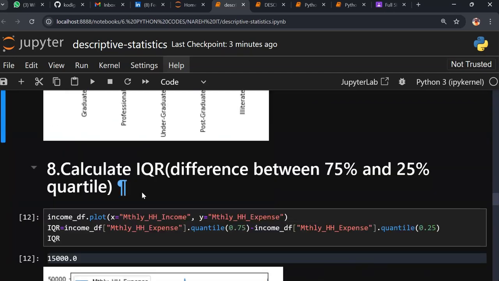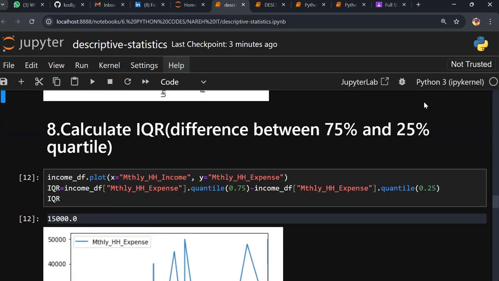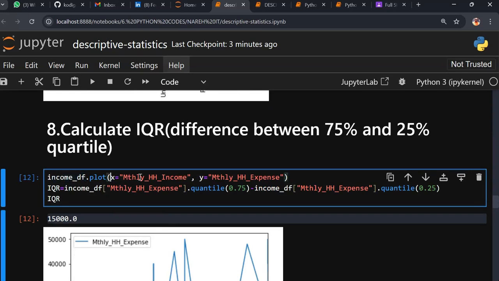IQR. Where do we see IQR? In descriptive statistics, in box plot, interquartile range. How do you compute the interquartile range? Income df, X-axis monthly income, Y-axis monthly expenses, isn't it?